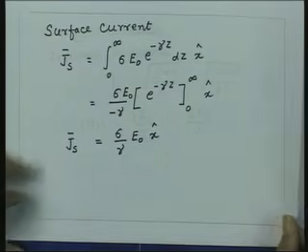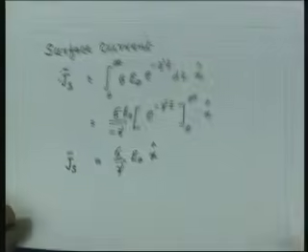Once we get this surface current, then we define an important parameter for this boundary, what is called the surface impedance, and this is very useful whenever we do the power calculations on the conducting surface.